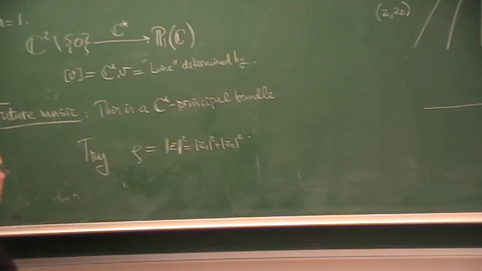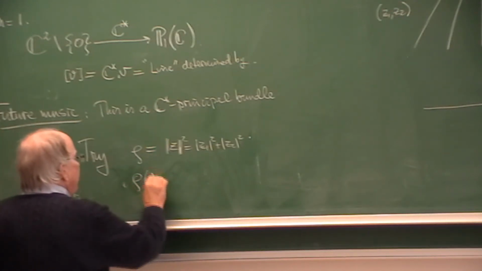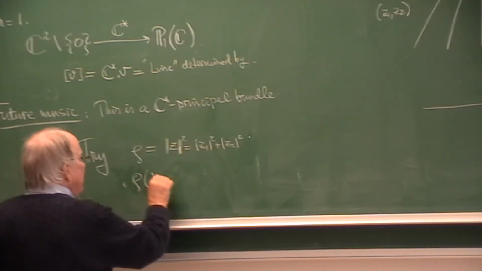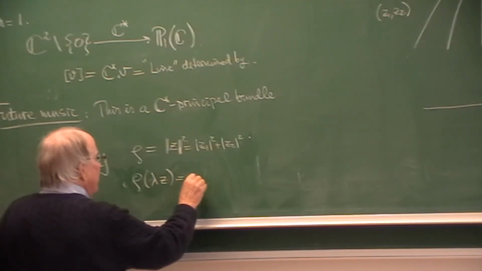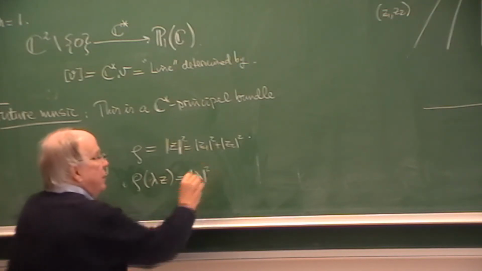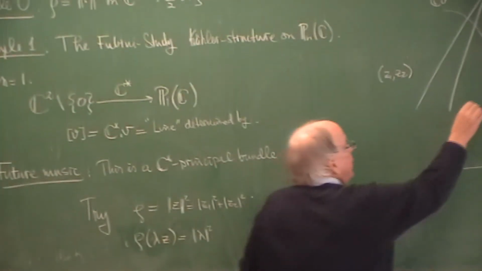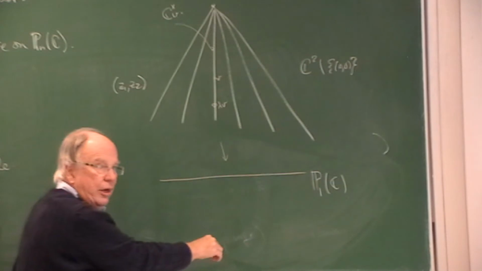Well, what happens if we multiply, what happens to rho of lambda times Z? That's bad. Here's V, I call it Z, and here's lambda times V. You would like to have the same potential here, so you could get it downstairs, right?